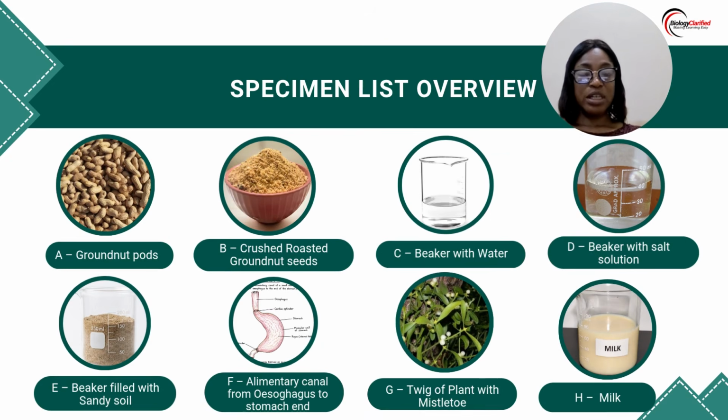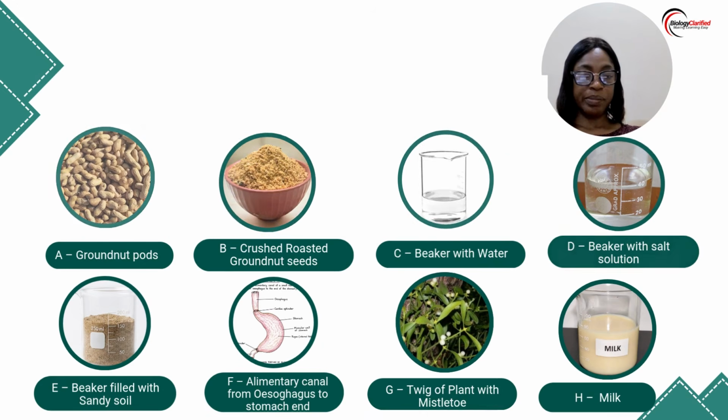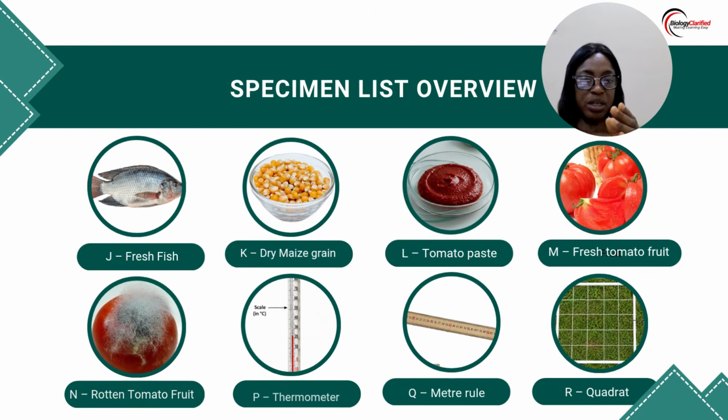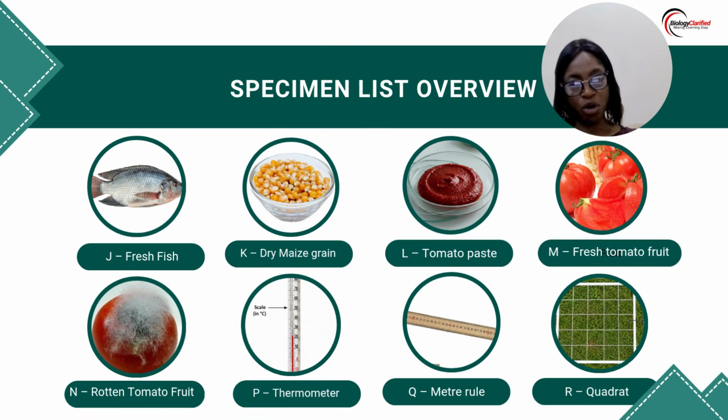Then you have the parasitic plant here, mistletoe. We have evaporated milk. So here you have the picture of fresh fish, dried maize grain, tomato paste, fresh tomato fruit, rotten tomato fruit. You have the thermometer there, the ruler, and then you can see the quadrats. That's the picture representation of the specimens.